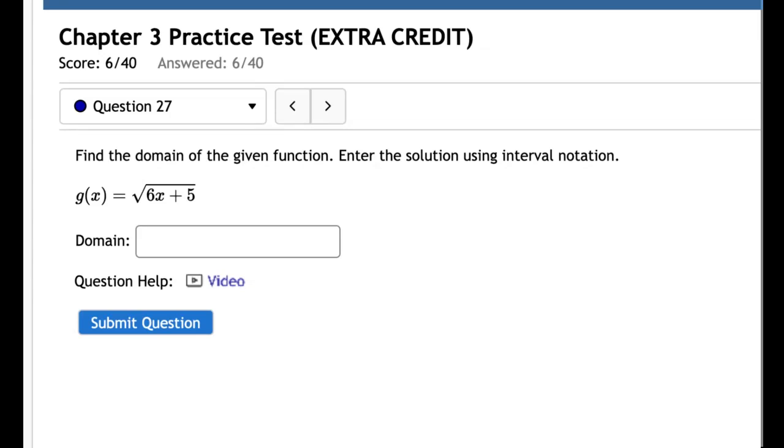So we had two kinds of things that we looked at so far for domain. Fractions, because for a fraction we know the denominator cannot be 0. And radicals. So for a radical, we said whatever we're taking the square root of has to be positive. If it's negative, then it's imaginary. We can't graph imaginary.